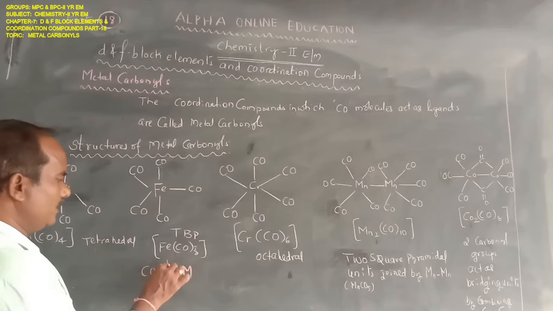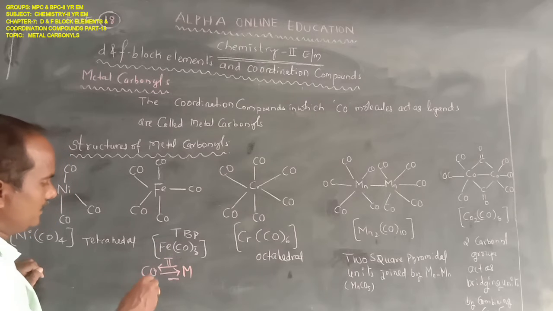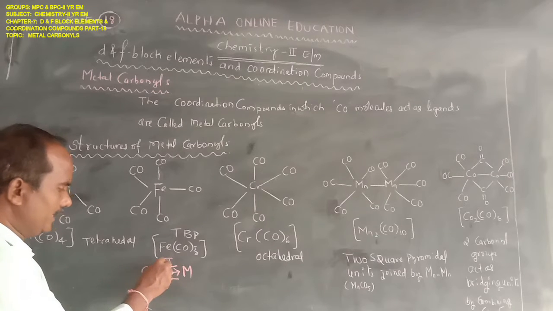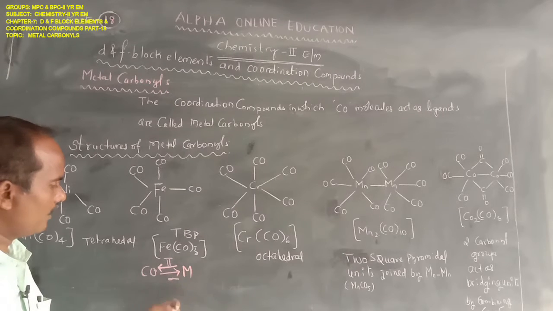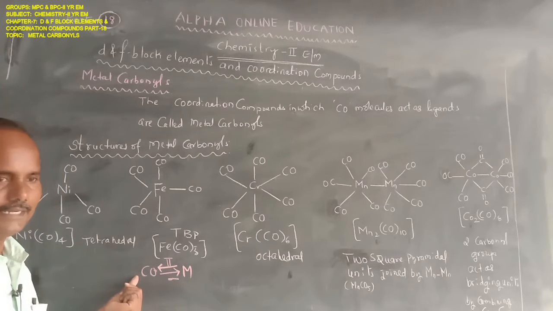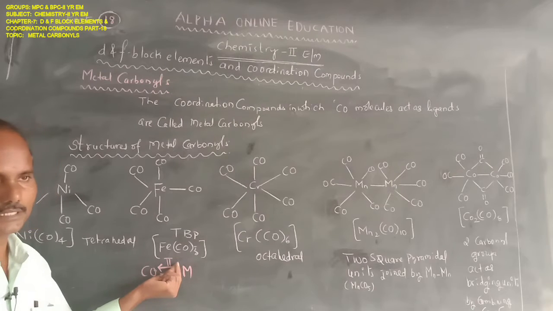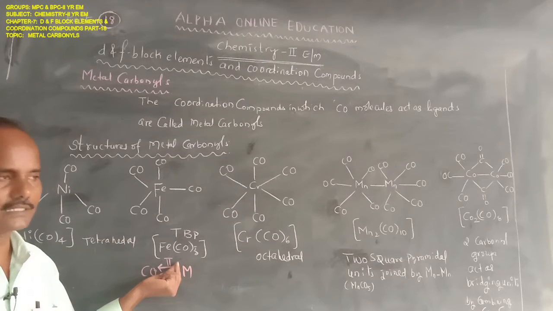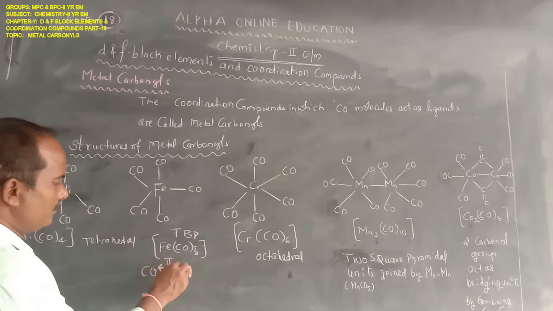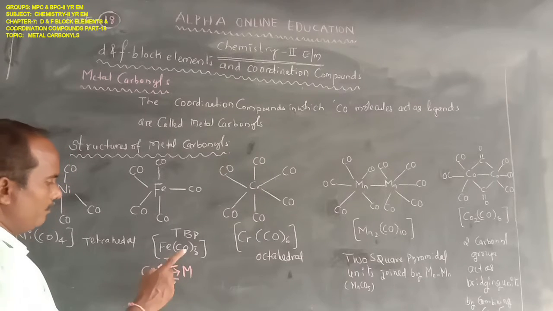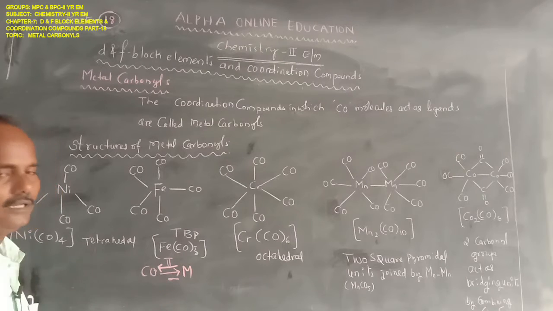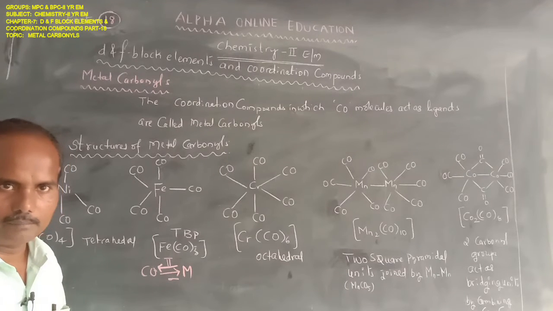As a result, a pi bond is formed. This is a back donating bond, formed from the metal to the ligand. This is also called a synergic bond, a synergic effect. Because of this synergic effect, the metal-ligand bond is strengthened.